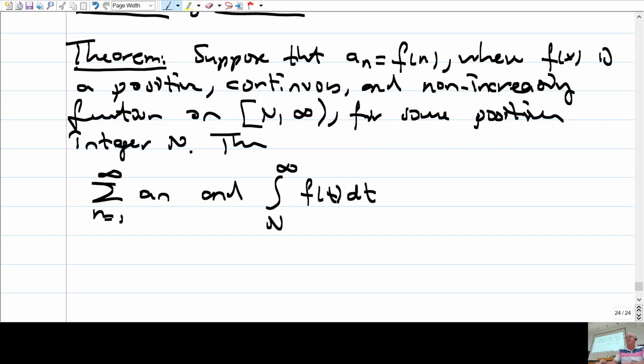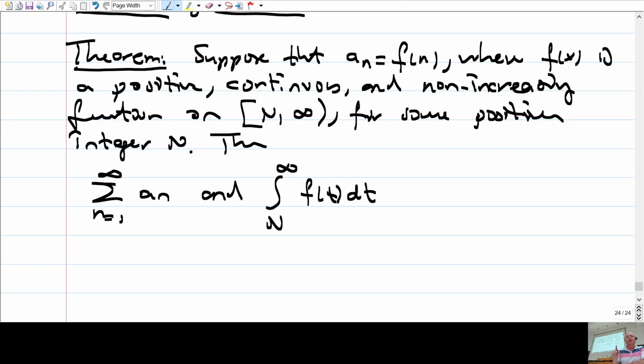This is a series. It may be convergent or divergent. This is an improper integral. I have a continuous function, but the interval is unbounded, right? It's from N to infinity. So this integral could be infinite also. The statement is that they either both converge or both diverge, okay? So if one of them is convergent, then the other one is convergent.